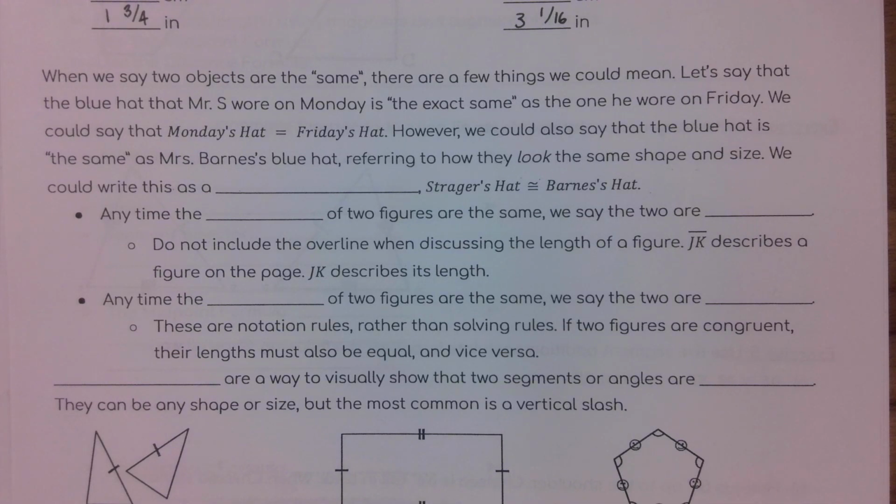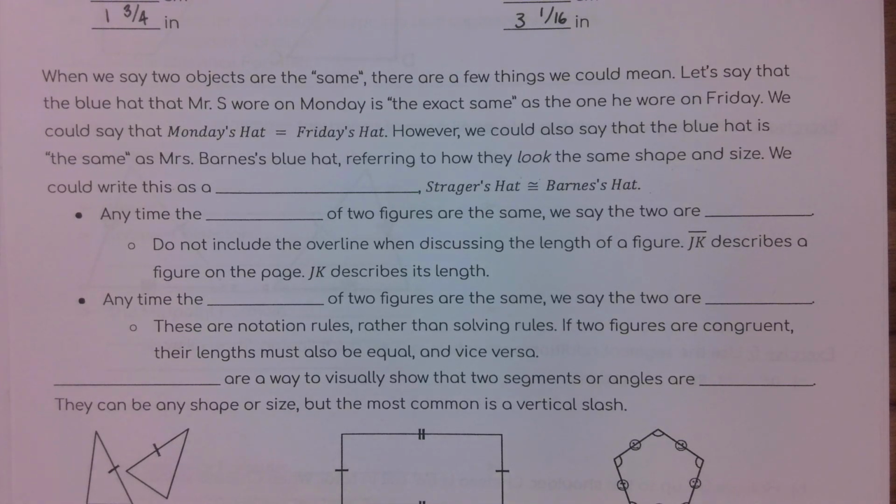There's a couple of different things that we could interpret the same as. For instance, let's say that I wore the same hat on Monday as I did on Friday. Well, that means that it is a one-of-a-kind hat that I have brought on 2 different days. That is the same. So the same could mean the exact same.